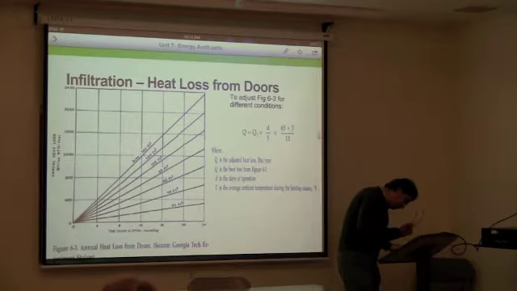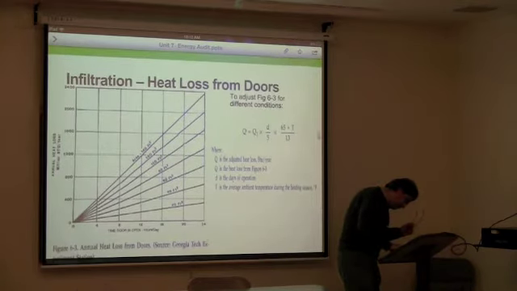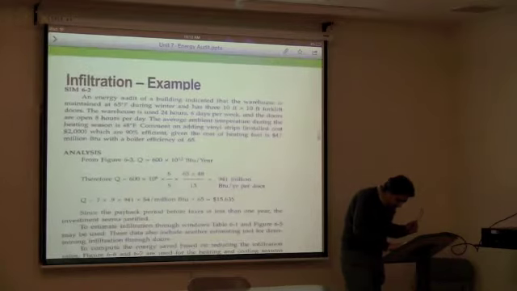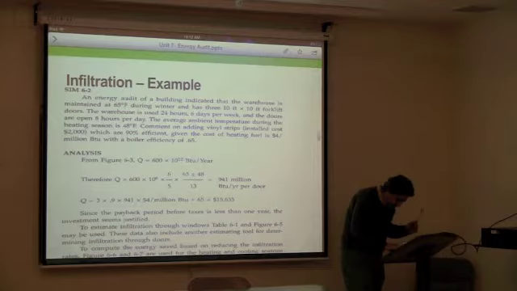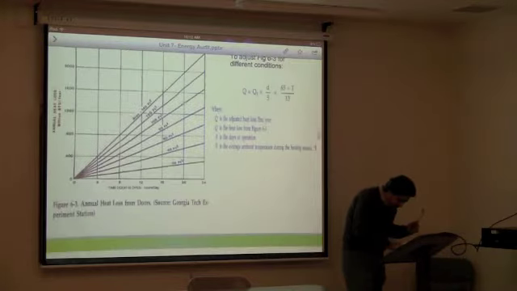Annual heat loss, million BTU per year. This should be 10 to the power of 6, not 12. No, 600, yeah. Right? 600 million BTU. Right.